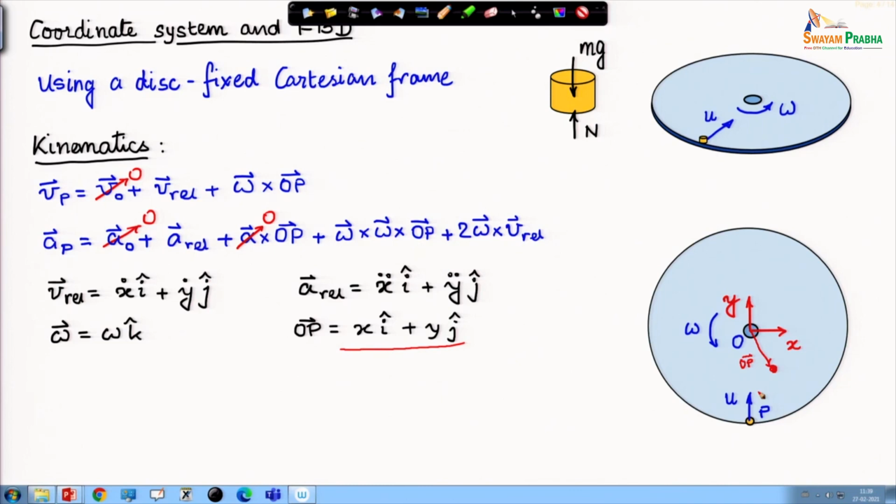Vrel, this is as measured by the observer, this is not the absolute velocity of the particle, remember, it is the velocity as measured by the observer in the rotating frame, that is x dot i cap plus y dot j cap. ARel similarly is x double dot i cap plus y double dot j cap, and omega vector represented in this xyz coordinate system is omega k cap.